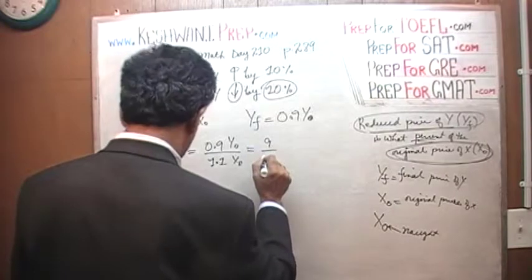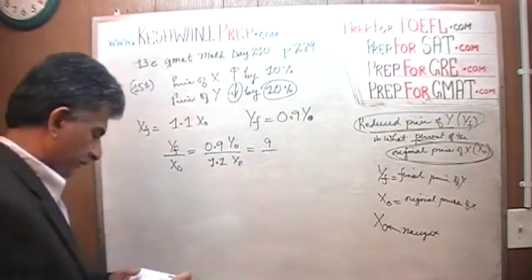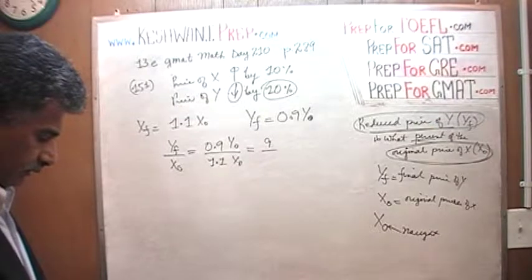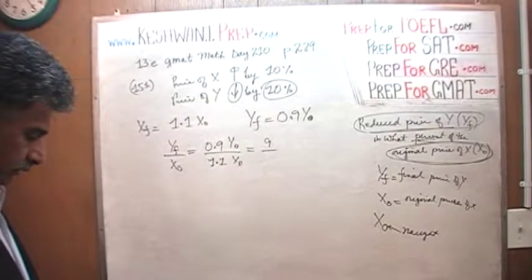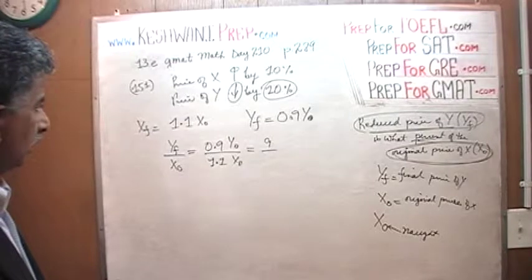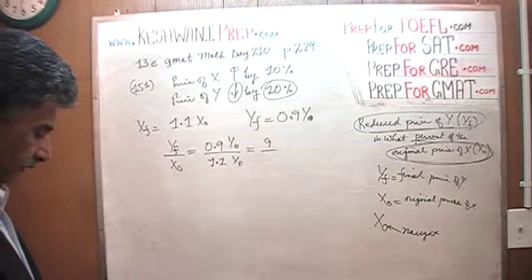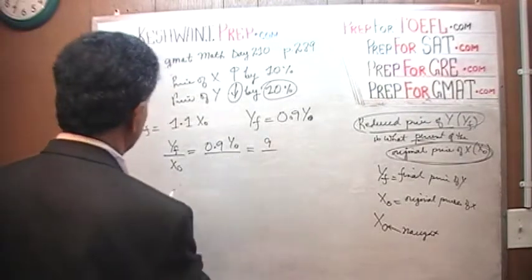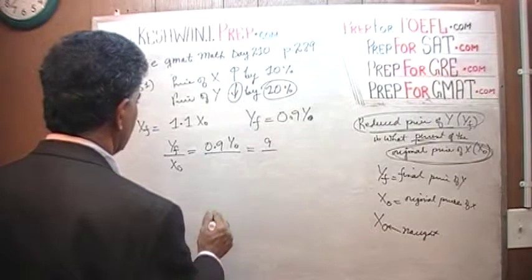It should say 11, shouldn't it? Original price of X naught will just be original price of X naught. I don't know what I'm doing here.